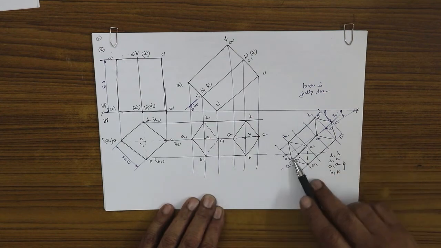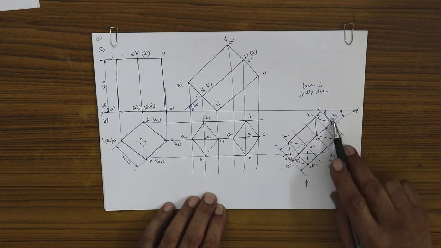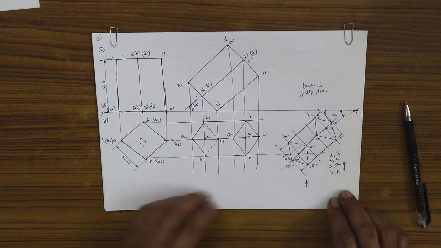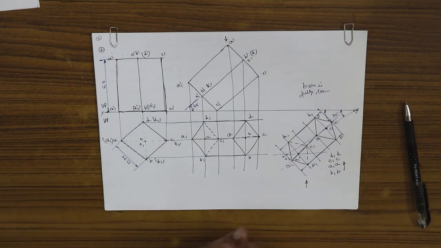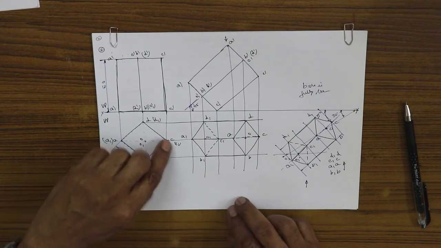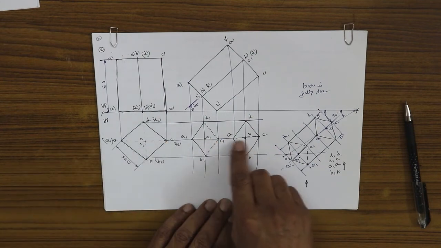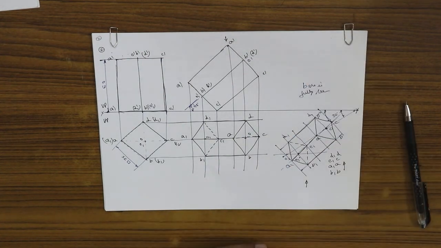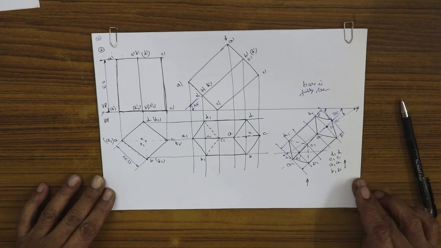Here I found the beta angle, inclined to VP, to be more than 30 degrees, and then get the projection done. A prism resting on the corner, inclined to HP and inclined to VP. You find when they rest on the corner, the faces appear like a rhombus. Complete the final figure. That's the final answer for the present problem.